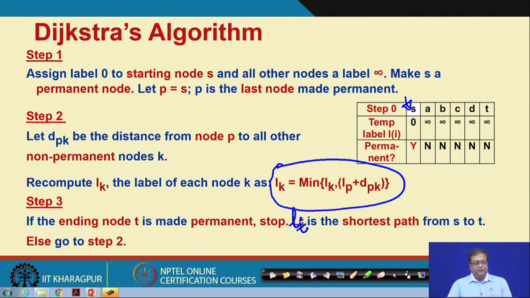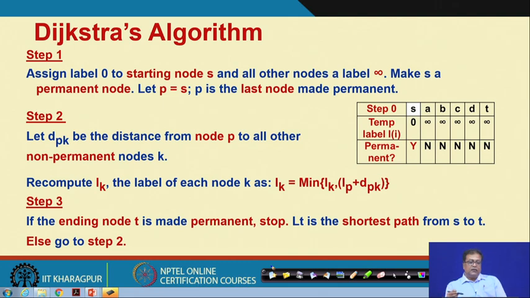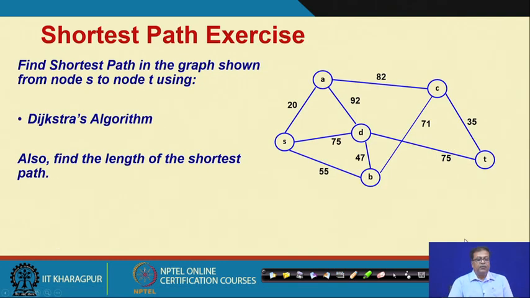So, as you are recomputing the Lks, the different levels, you keep on making further nodes permanent based on whichever is minimum at a given point of time. Is it all right? That is not written, but that is what is to be done. Right. So, once that is done, let us see one more example of how all these things happen.